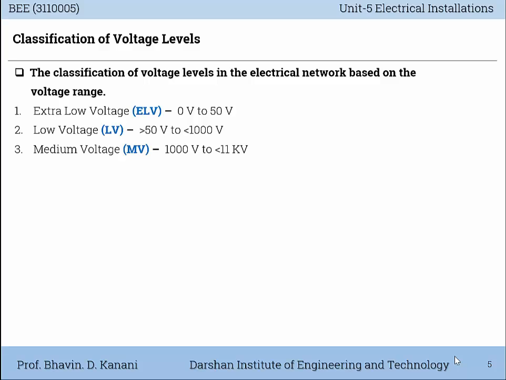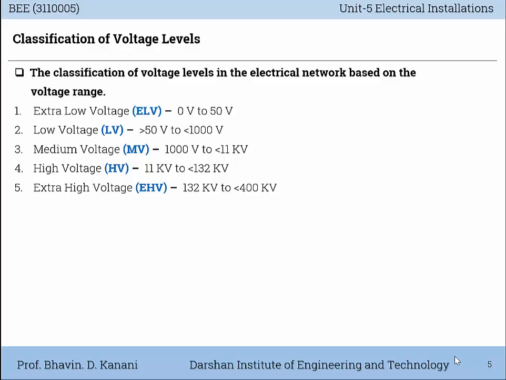Third category is medium voltage, MV, that is 1000 volt to less than 11 kV, that means 11,000 volt. High voltage, that means HV, 11 kV to less than 132 kV. Extra high voltage, EHV, 132 kV to less than 400 kV.